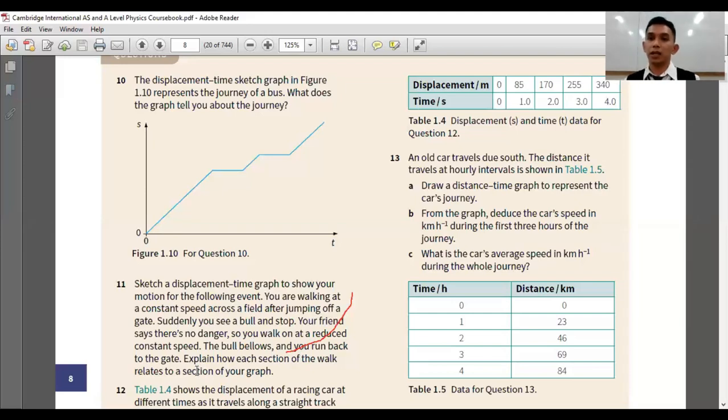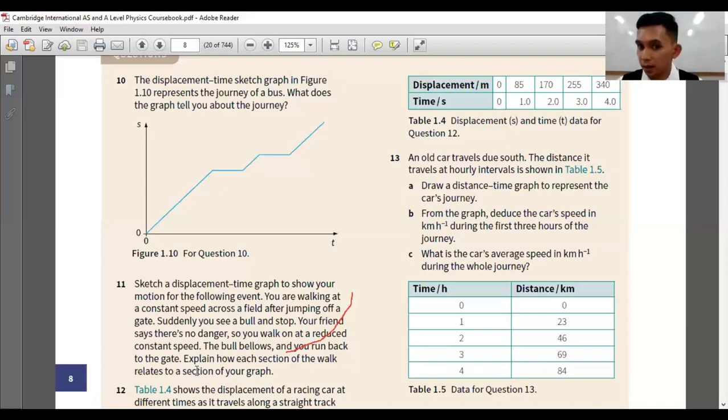It means that the gradient will be steeper than even the first one. Okay. Explain how each section of the walk relates to a section of your graph.